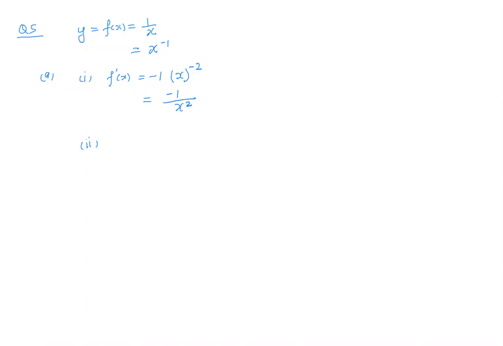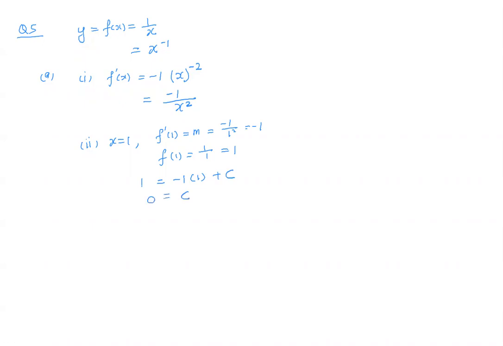Okay, so what you need to do, x equal to 1, f prime 1, which is the gradient, will be equal to negative 1 over 1 squared, which is negative 1. f(1) equal to 1 over 1 equal to 1. So put into y equal to mx plus c. So the c in this case is 0.